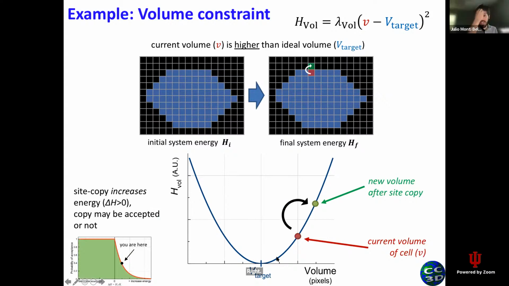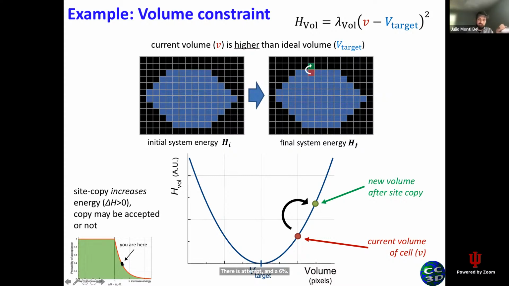In the case that the cell is being stretched, and now you make a copy attempt that's going to increase the volume even further, you're going to increase the energy of your cell even further than what it was before from the lattice site copy attempt. This reflects a change in your energy that is positive. So in this case, you have a 40% likelihood of accepting this lattice site copy attempt and a 60% chance of rejecting it.